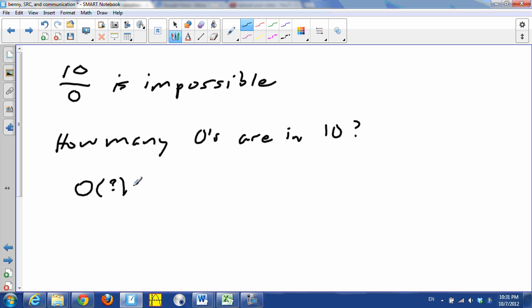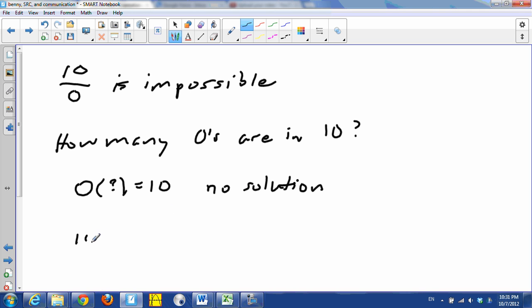What do we have to multiply 0 by to get 10? That's what we're asking. 0 times what equals 10? It's not possible. There's no solution, you could say, to that problem. 0 times what equals 10? It doesn't have a solution.